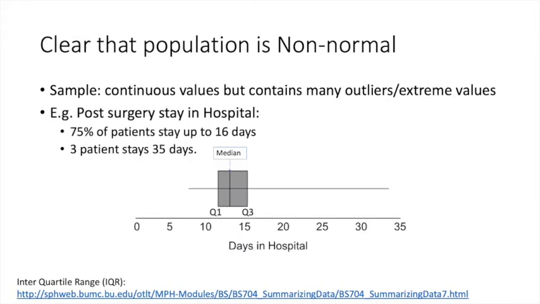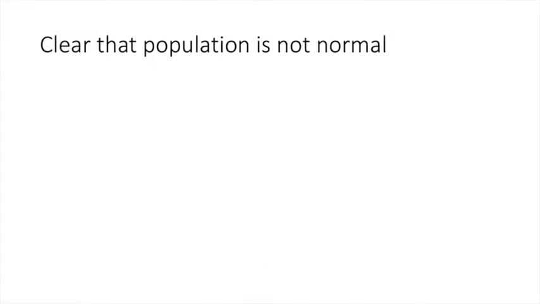For example, consider this data that plots the number of days of stay in the hospital after surgery. 75% of the patients stay for up to 16 days, but a few patients stay well after. Hence, the data is not normally distributed. If you're not sure about what this figure plots, look up an earlier lecture on descriptive statistics to understand what an interquartile range is and how that links in with the outliers.